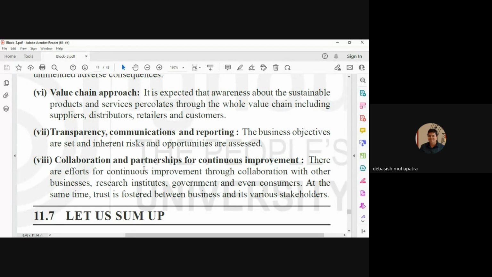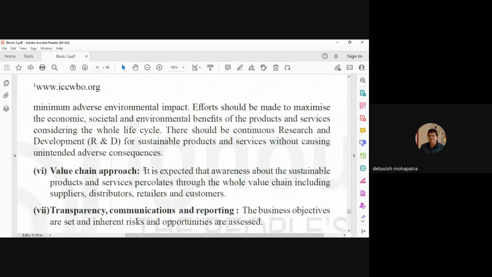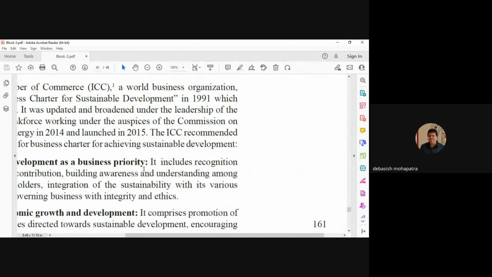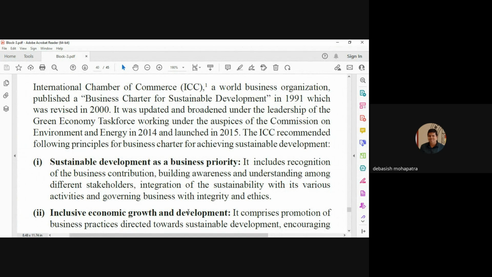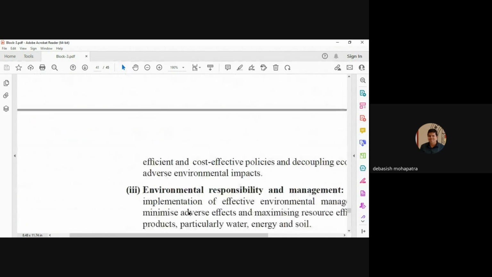Collaboration and partnership for continuous improvement: there are efforts for continuous improvement through collaboration with other businesses, research institutes, government, and even consumers. At the same time, trust is fostered between the business and its various stakeholders. So these are all the points related to the principles for the business charter for achieving sustainable development.